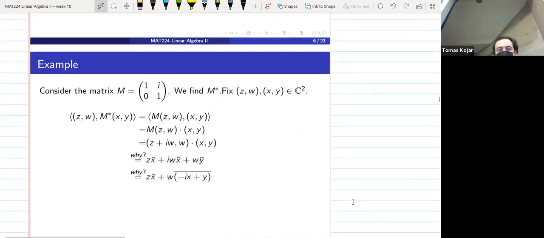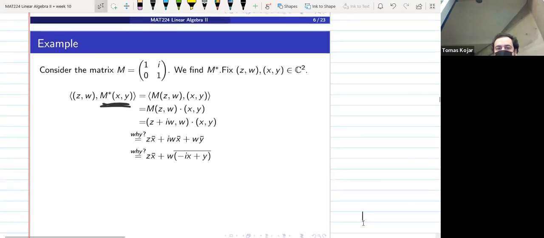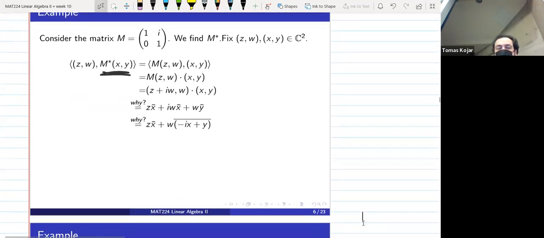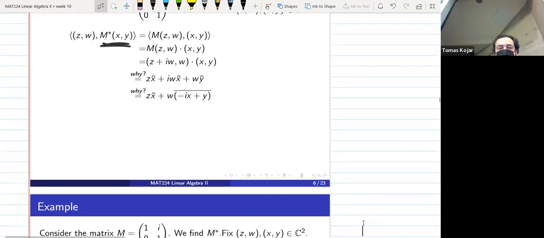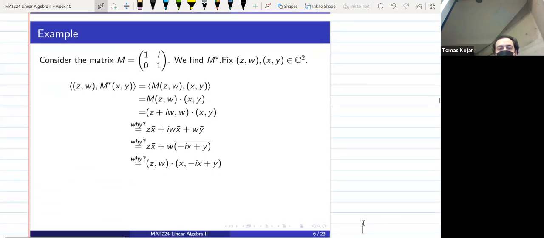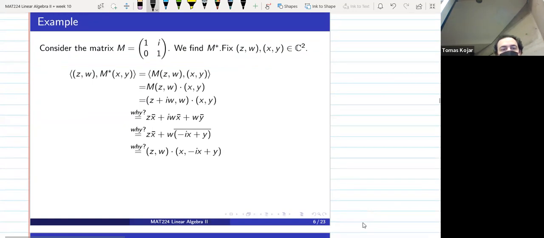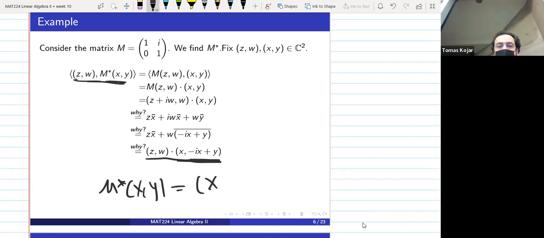You rewrite it in order to get M star, so regroup the terms. And now you have the following vector. M star sends (X, Y), using the same proof as before, to (X, minus iX plus Y).